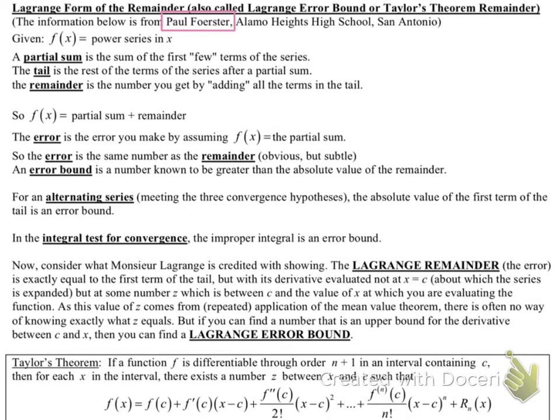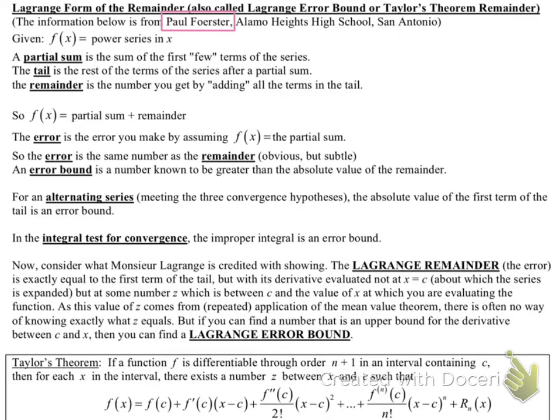Okay, so when we are talking about the Lagrange form of a remainder, there's a partial sum, which is the first few terms of a series. The tail is the rest of the terms of the series after the partial sum, and the remainder is the number you get by adding all the terms in the tail. So f of x is always the partial sum plus the remainder. The error is the error you make by assuming f of x equals that partial sum.